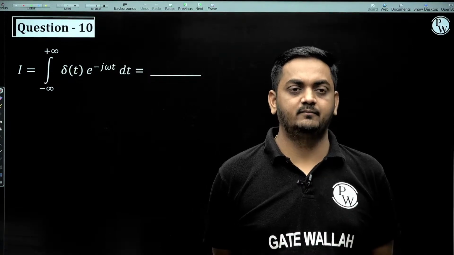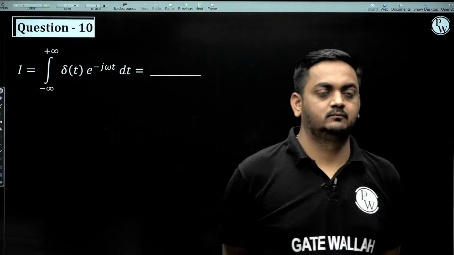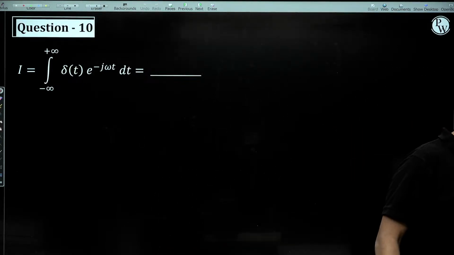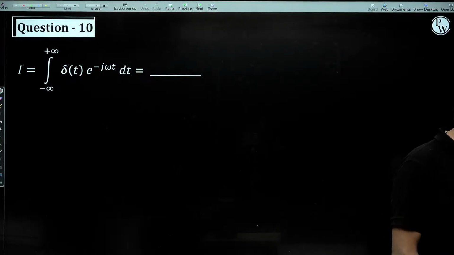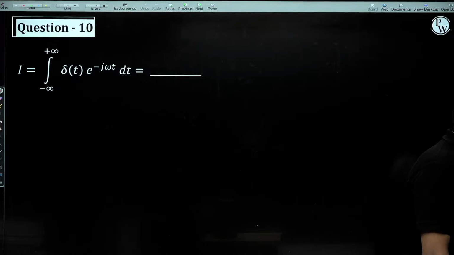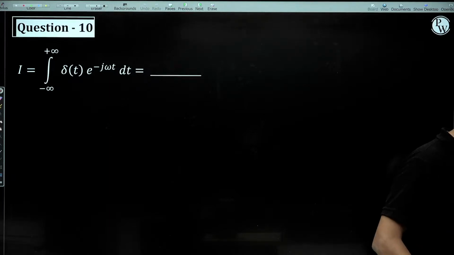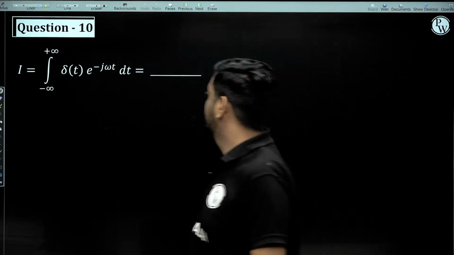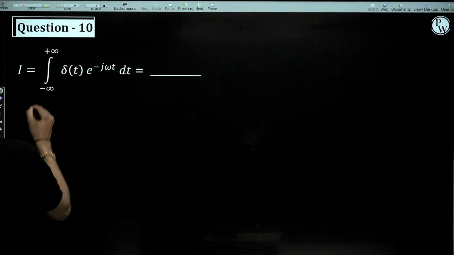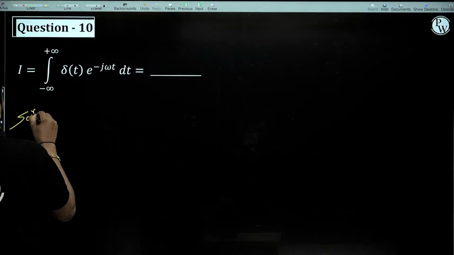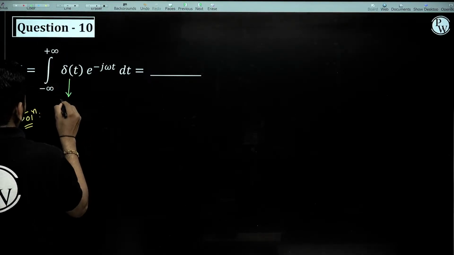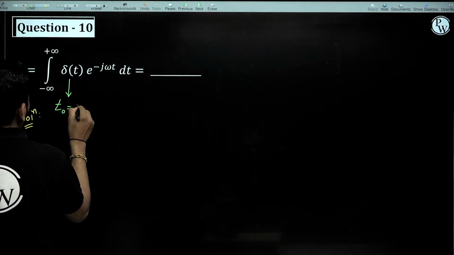Question number 10. Here t naught, you can see, is equal to 0.